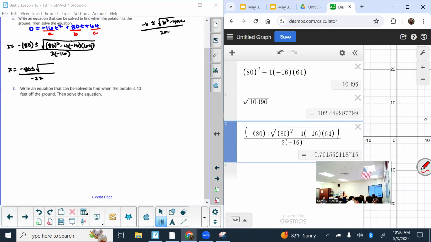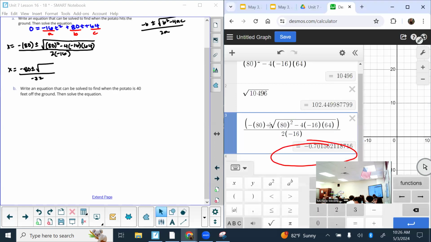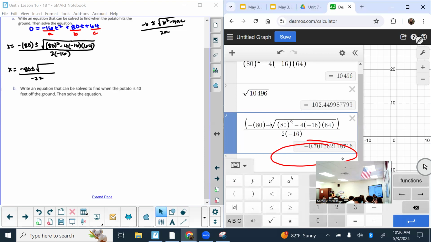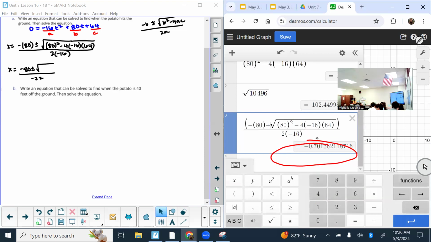Would this answer make sense for time, to be negative 0.7 seconds when it hits the ground? Usually, because there are 2 solutions, we only want the one where it hits the ground after the launch. So to get my other one, I'm going to change this plus to minus, because that's where the plus and minus goes. And now, does this answer make sense?